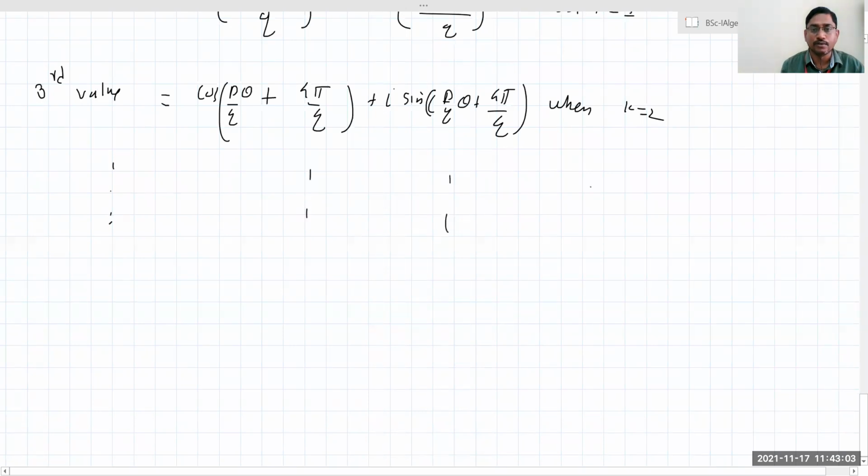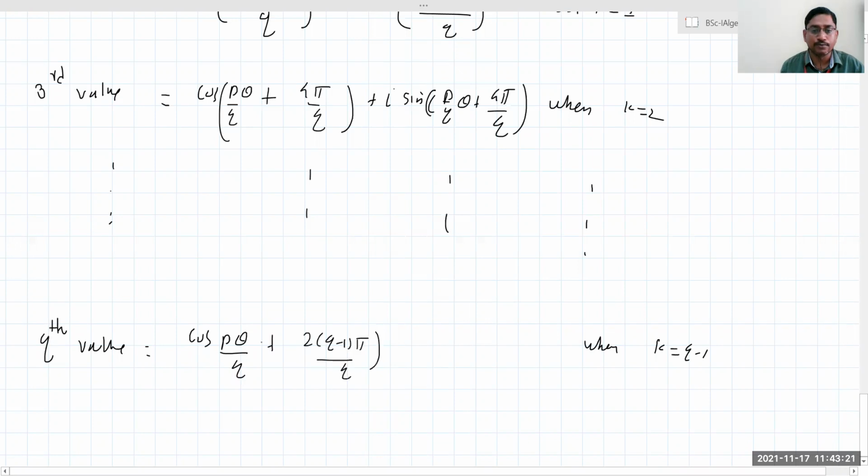Total q values. So when k is q minus 1, that is the qth value of that expression: cos of p theta upon q plus 2 times q minus 1 pi upon q, plus i sin of p theta by q plus 2 times q minus 1 pi upon q.